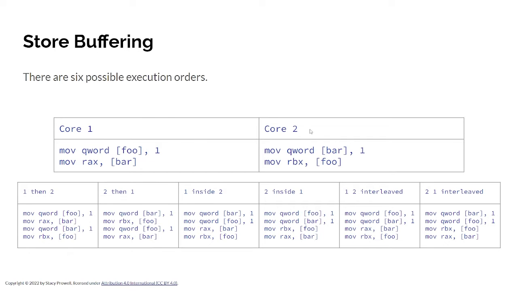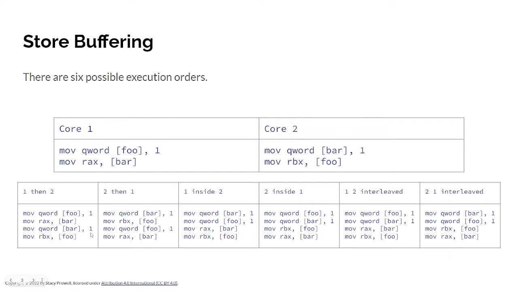Core 1 and core 2 are running simultaneously, but they're having to do something with memory, and that requires that you interact with the cache, and that can at least in some sense serialize some of the instructions. But there are only 6 possibilities.